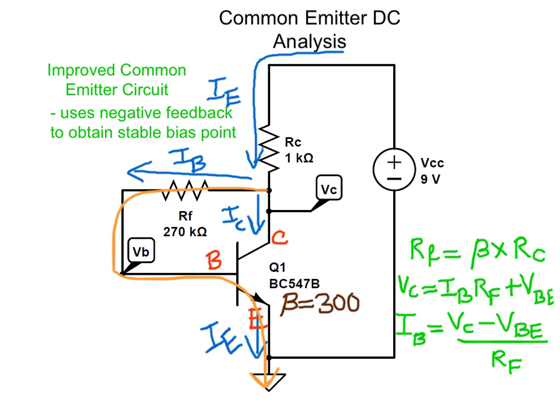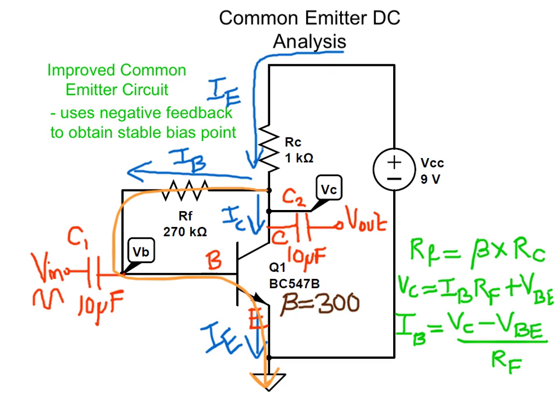Now let's say that we use a transistor which has a beta much larger than 300. A larger value of beta would result in a greater emitter current. We can write IC, or the collector current, equals alpha IE, where alpha equals beta over beta plus 1.